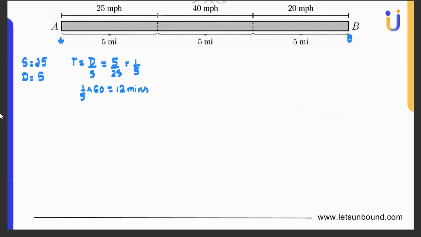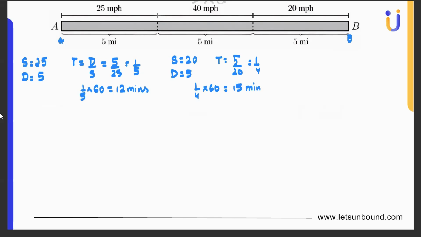If we do it for the second case, the speed is 20. Distance stays the same, which is 5. Time will be 5 divided by 20, which is 1/4. To convert it into minutes, 1/4 multiplied by 60 is going to be 15 minutes.